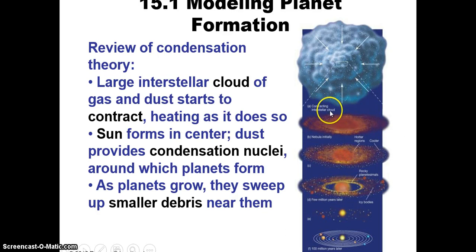If this is the theory that works, we should see, when we look at other solar systems, disks of material that are relatively flat, that exist in a plane. And of course, that's what we find in these other planetary systems.